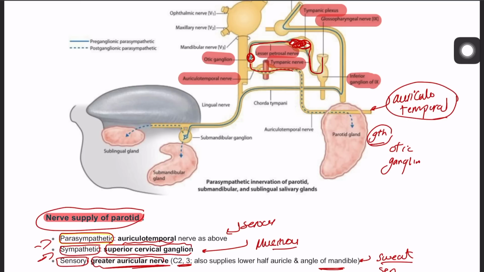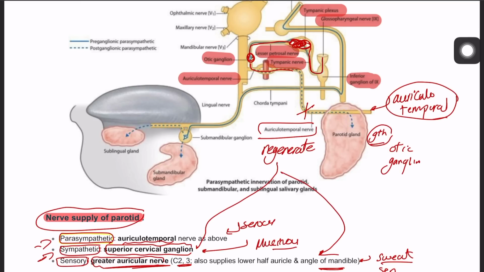Sometimes the auriculotemporal nerve is damaged, and when it's damaged, it needs to regenerate. The regeneration can happen through either sympathetic or sensory fibers. So every time the postganglionic parasympathetic is stimulated, there is a stimulation of both sympathetic and sensory as well.